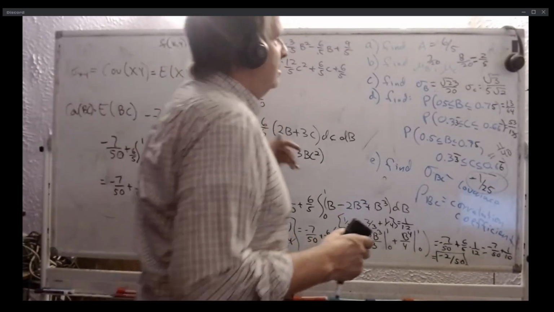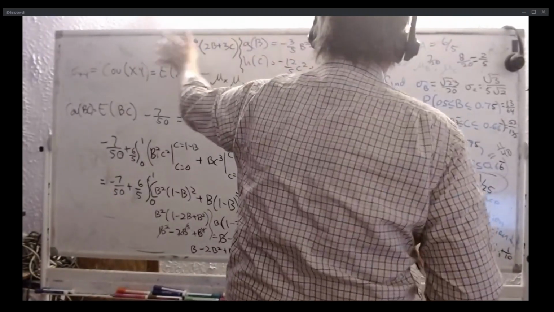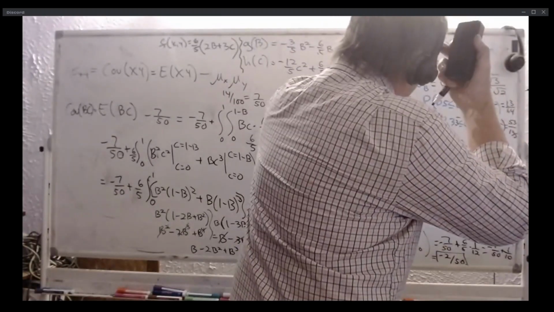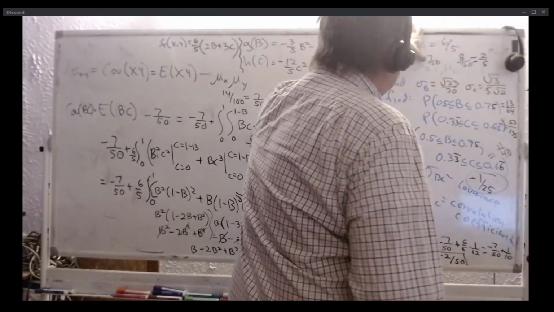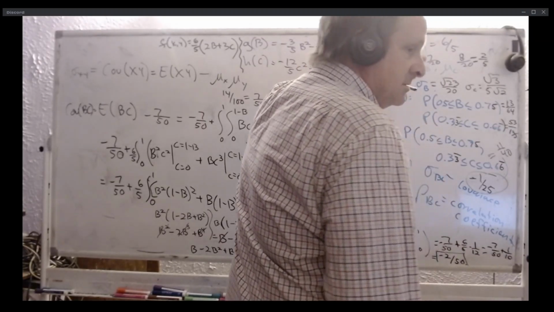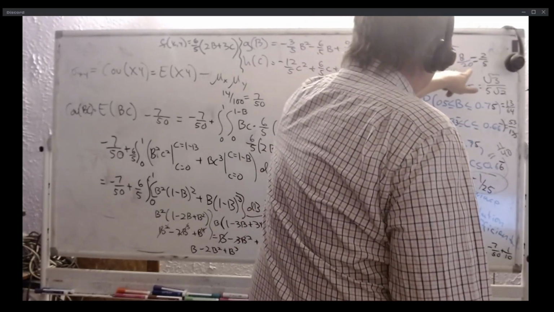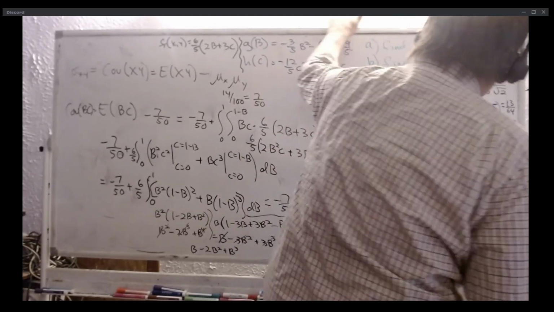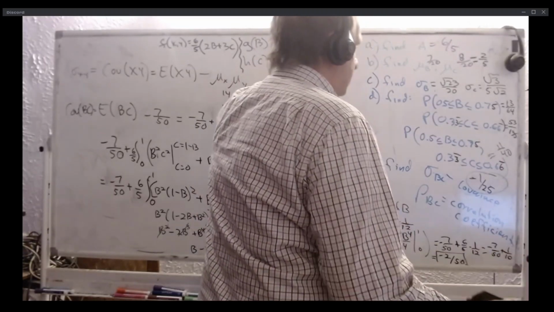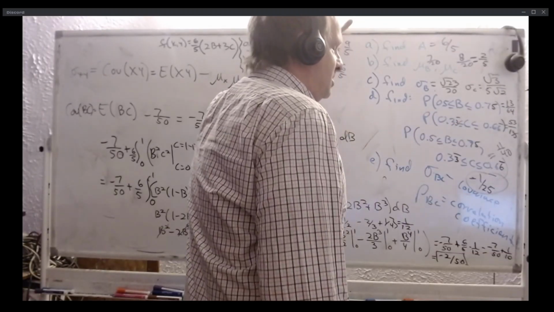The mean value wouldn't be 7 out of 20. It would be 7 out of 20 times 100%, right? Mu sub c wouldn't be 2/5. It'd be 2/5 times 100%, or instead of 0.4, it'd be 40%. Everything makes perfect sense, right? It's just a scale factor.